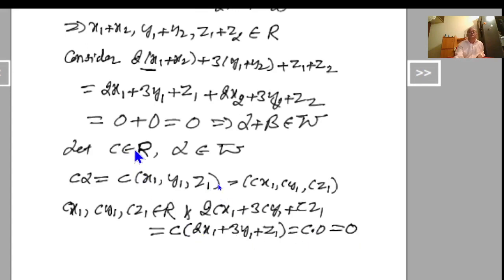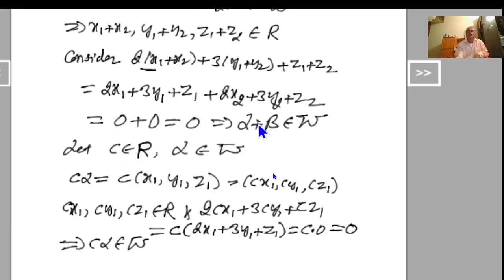So we have taken C belongs to R, alpha belongs to W, and we have considered C alpha, and here these are real numbers, and 2 into Cx1 plus 3 into Cy1 plus Cz1 is equal to 0. We have proved this shows that C alpha belongs to W. So both the conditions are satisfied here.